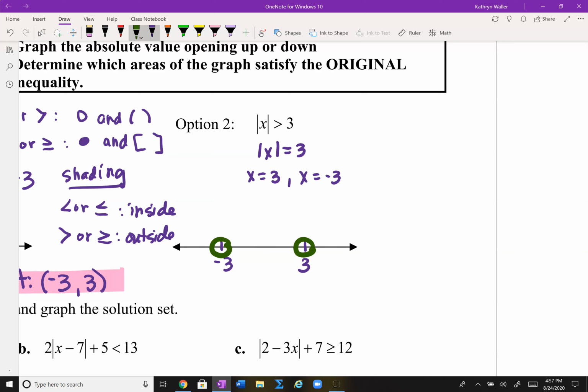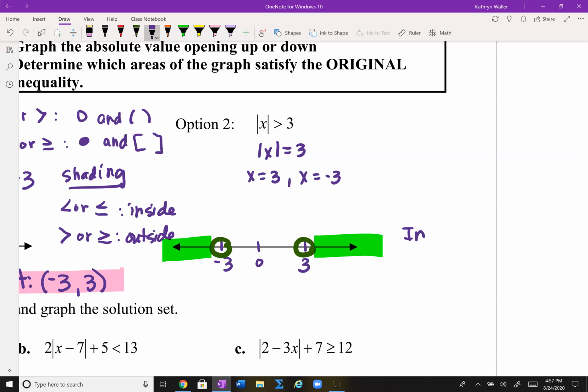And now, do you see how greater than means further away from 0, like more than 3 units away from 0, okay? So would that be inside or would it be outside? It would be outside. So you just shade it like that, and that's all you do, okay?